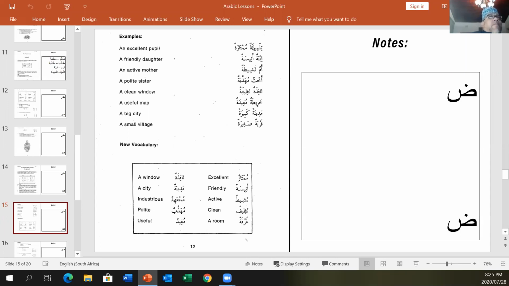Why do I say it's feminine? Because of the term there. Now, if you must say that it is a masculine pupil, a male student that is excellent, then how would you say that?